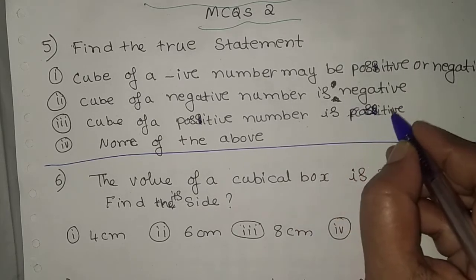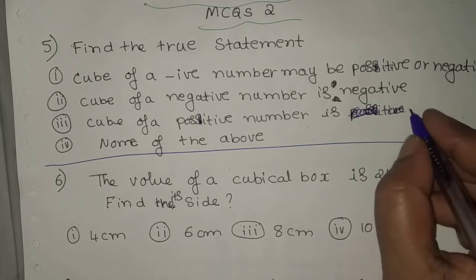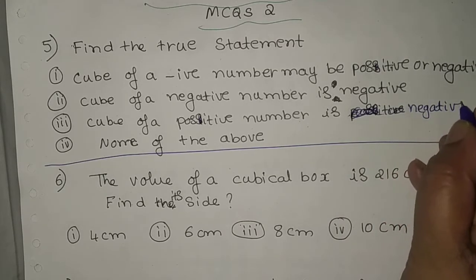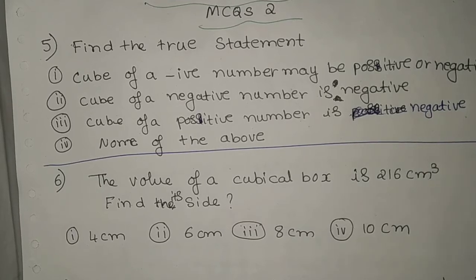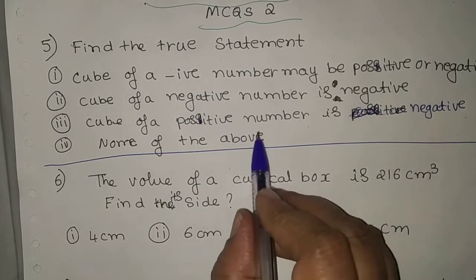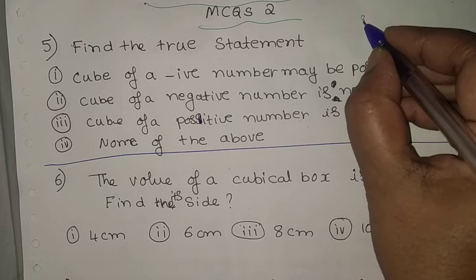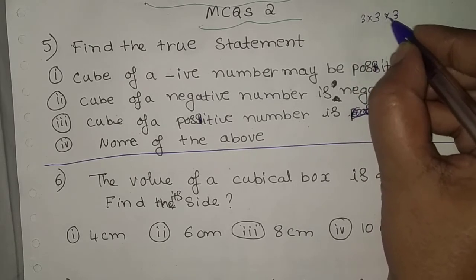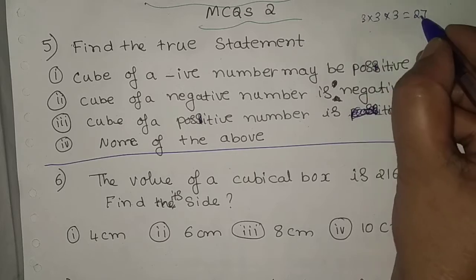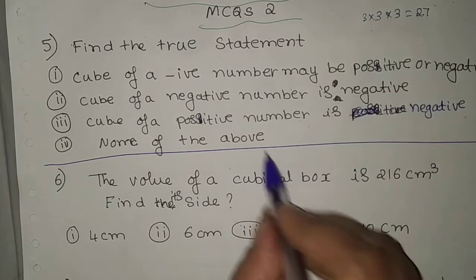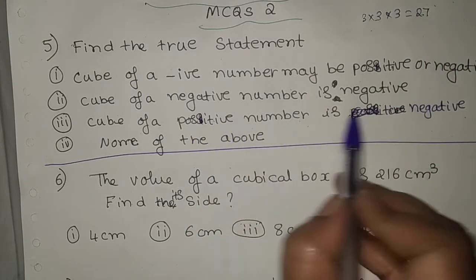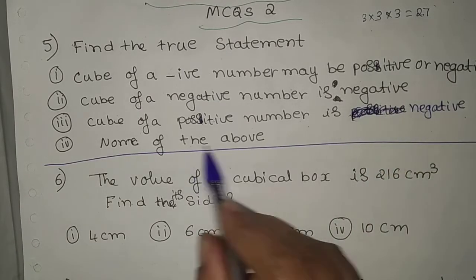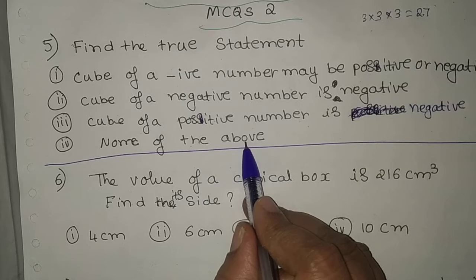I will change this statement: cube of a positive number will be positive only. For example, 3 into 3 into 3 will be 27. So cube means 27 only. The statement that the cube of a positive number is negative is also false. None of the above is the last option.